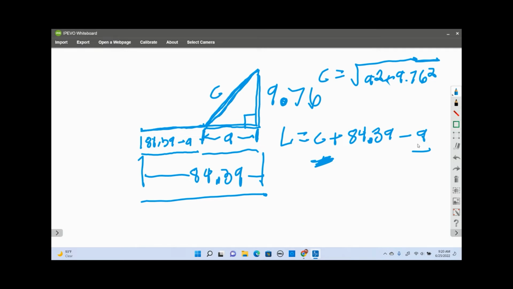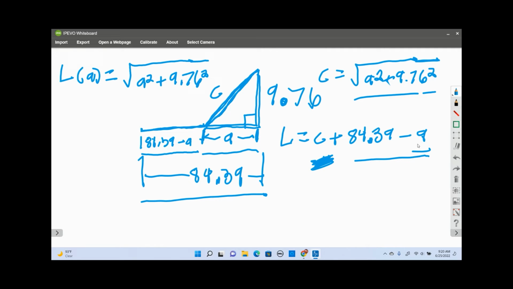So now I can write the function L as simply a function of A. I was going to erase some of this, but let me leave some of it because I'm going to make mention of it in a little bit. So I'm going to have this function L of A, where L of A is C, but remember C is this guy. So L of A is the square root of A squared plus 9.76 squared. That's just this part.